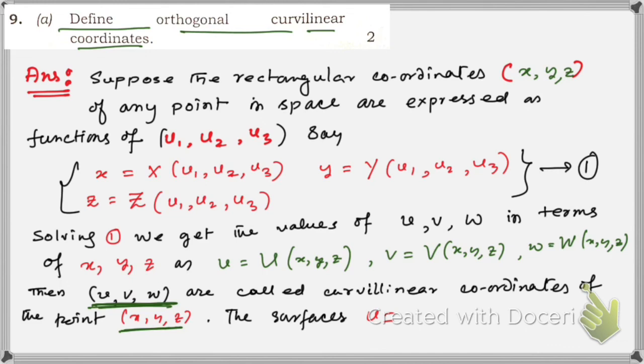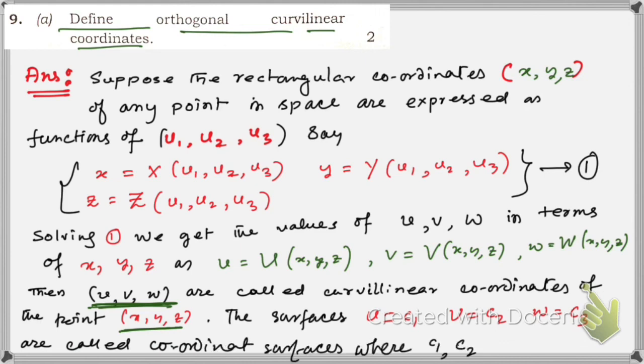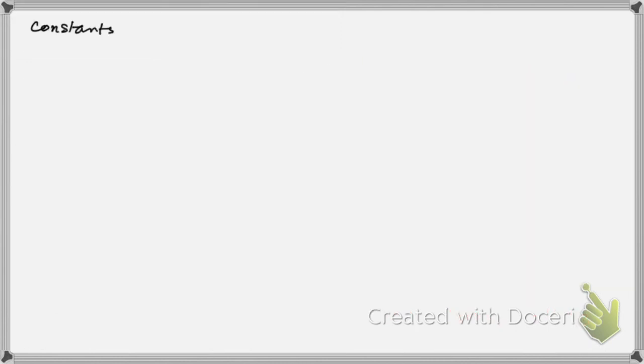Now the definition is not completed here. If you take the surfaces u = c1, v = c2, w = c3, where c1, c2, c3 are constants, these represent surfaces, right?